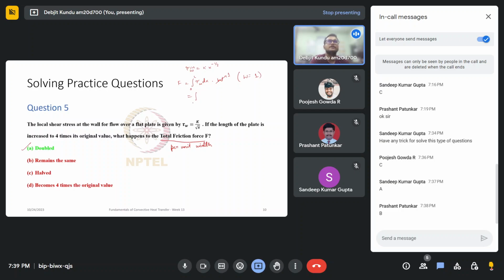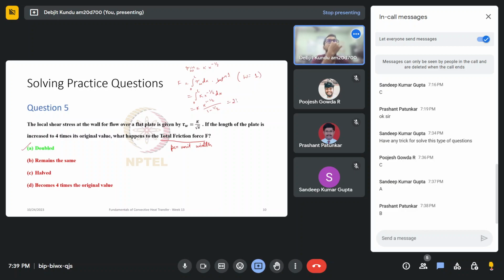And we will integrate this from 0 to L. The form of this is k x to the power minus half into dx. If we plug those values in, I'll do the integration here. So x to the power minus half becomes x to the power 1 minus half divided by 1 minus half. 1 minus half is half.